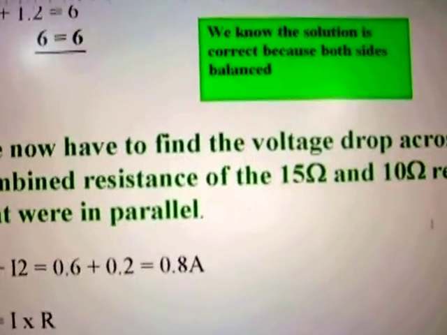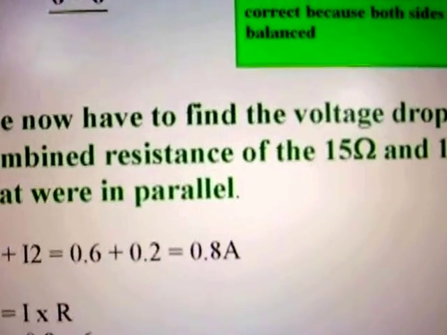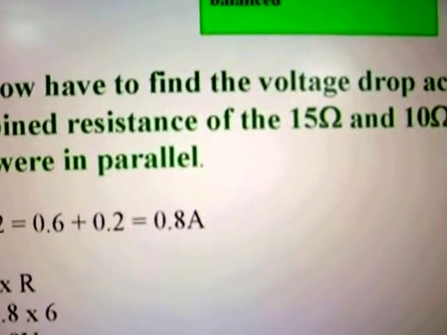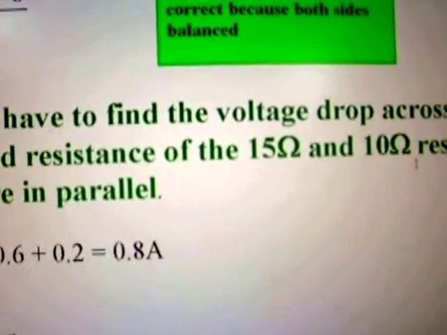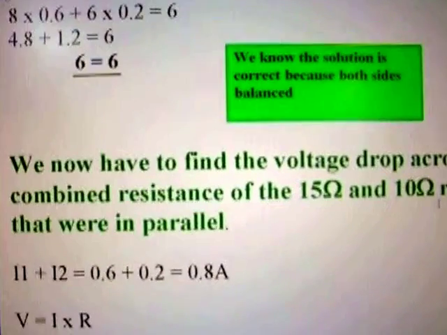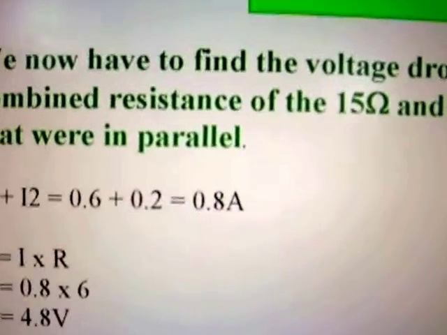We now have to find the voltage drop across the 15 and 10 ohms resistors that were in parallel.